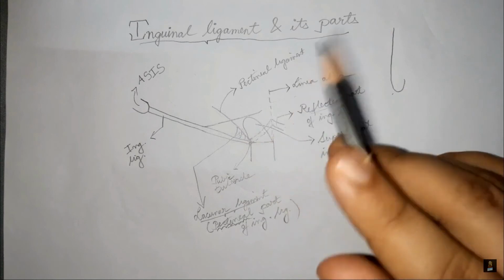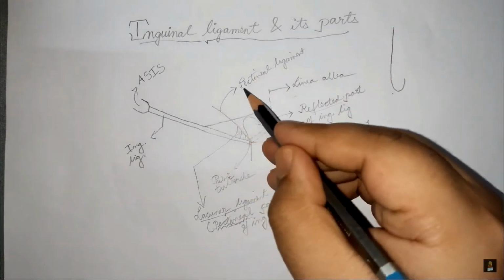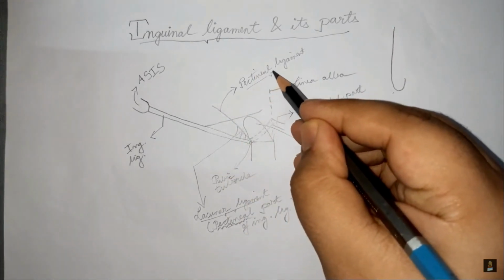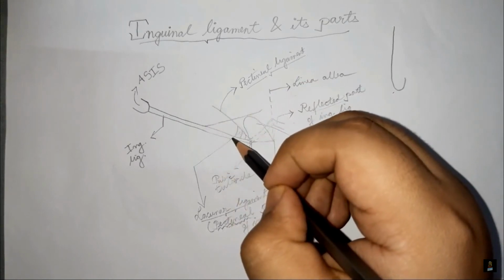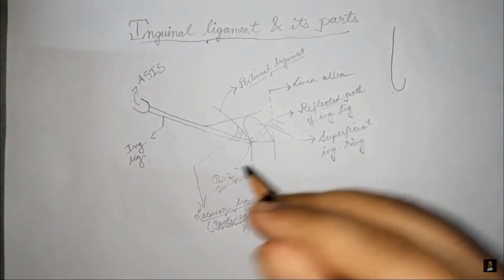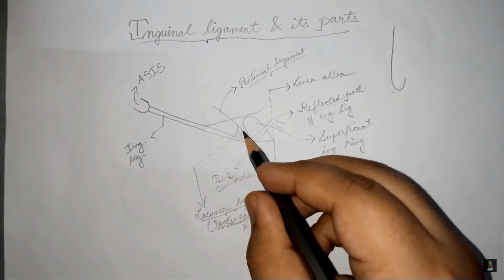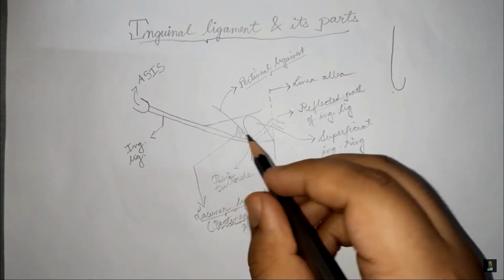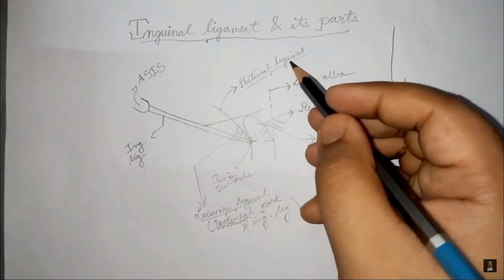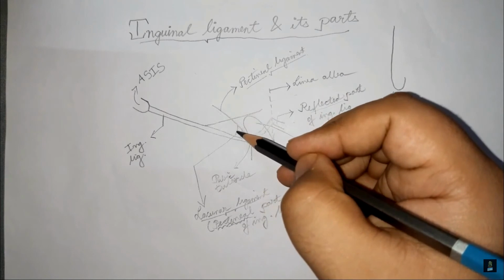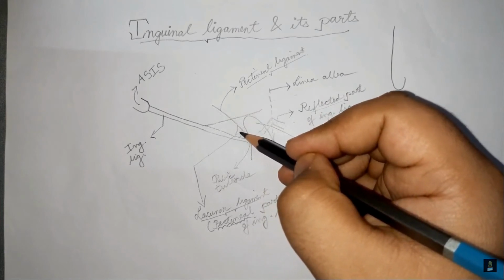Now see how well this goes with the logic: since this ligament is called the pectineal ligament, it is attached along the pecten pubis as well, which checks out because the lacunar ligament's posterior part is attached to the pecten pubis, and the pectineal ligament is also attached along the pecten pubis, right?